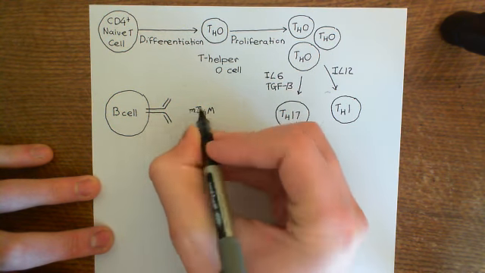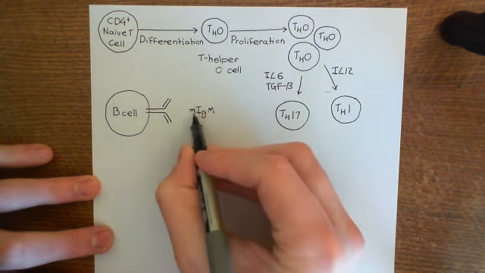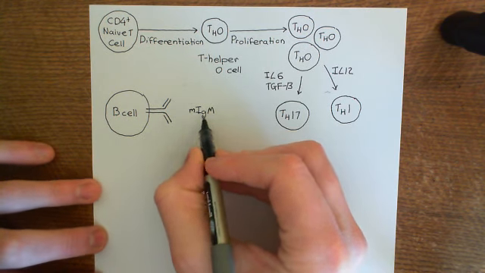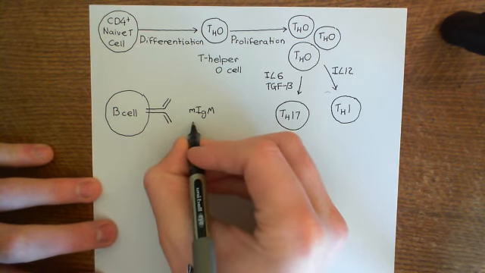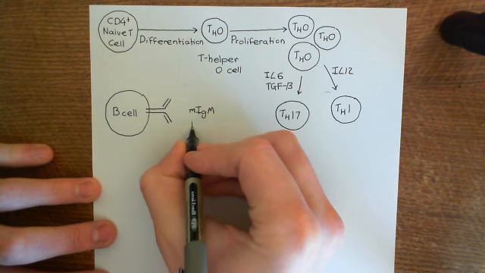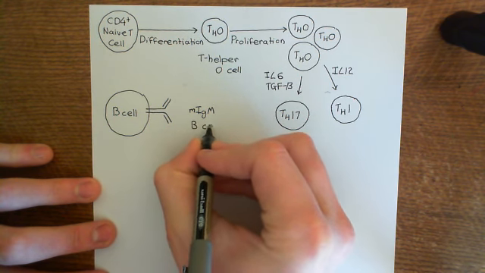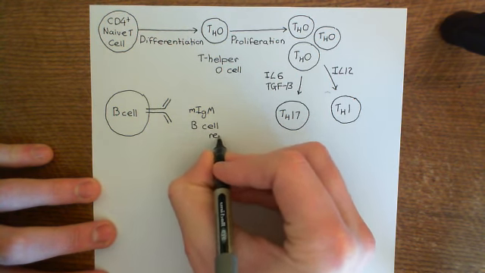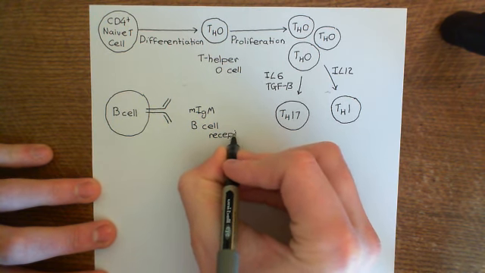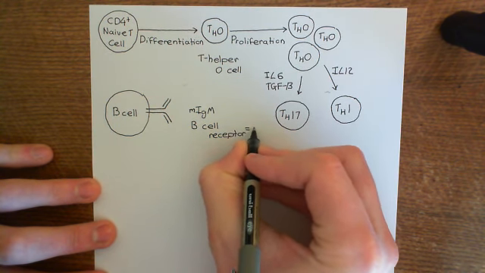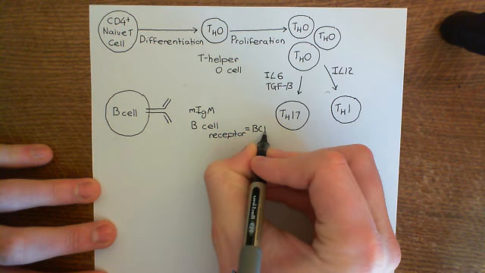So we put a little m in front of this to show that this is membrane-bound IgM. This membrane-bound IgM is what's often called the B cell receptor, and the B cell receptor is often abbreviated to the BCR for short.